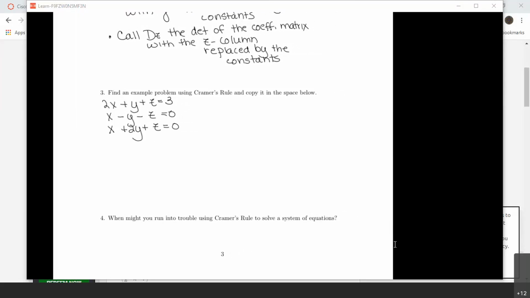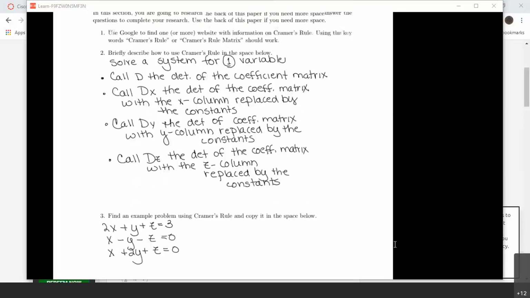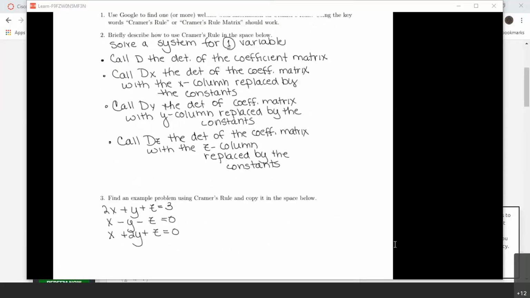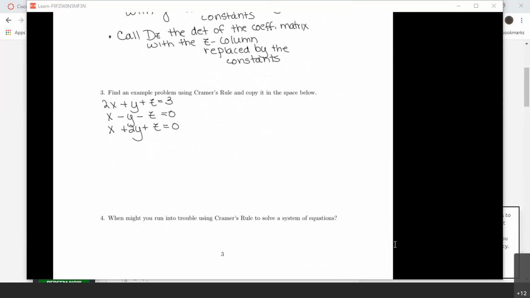So the first thing I'm going to do, according to Cramer's rule, is build D, the coefficient matrix. Let's call A the coefficient matrix. I'm going to look at my variables and just pull off the coefficients.